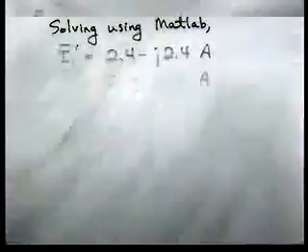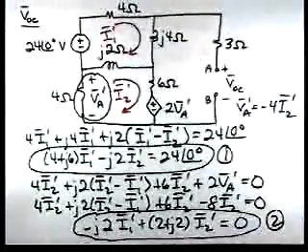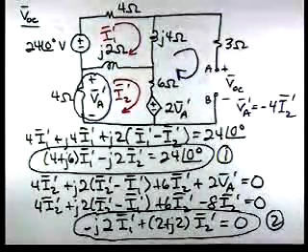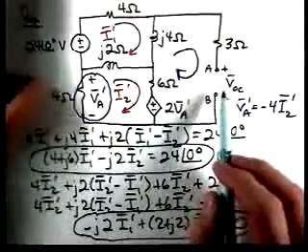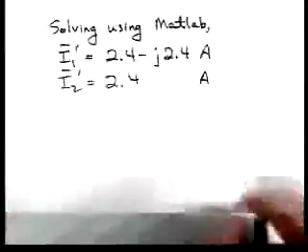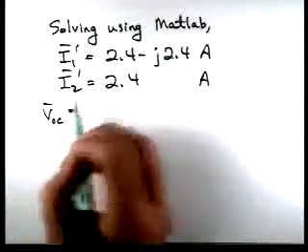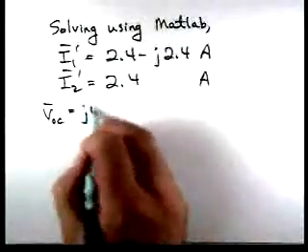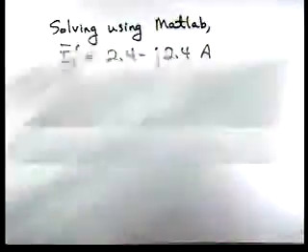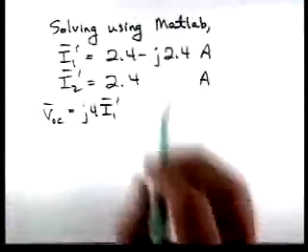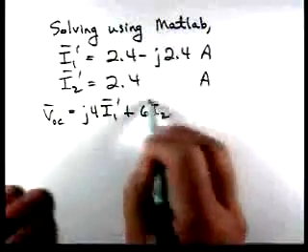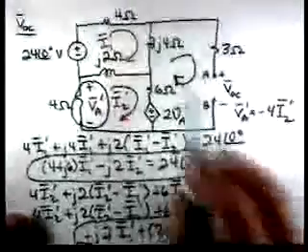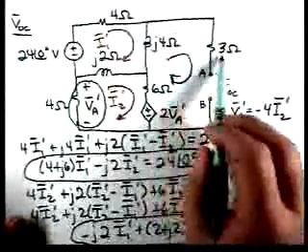Now, if we look back at our circuit, and if we apply KVL around this loop, so if we start off, we'll get VOC is equal to the voltage across here, which is J4 I1 prime, the voltage across here, which is 6 I2 prime plus 2 VA prime. Now in KVL, VOC, there's no voltage here because the current is 0.